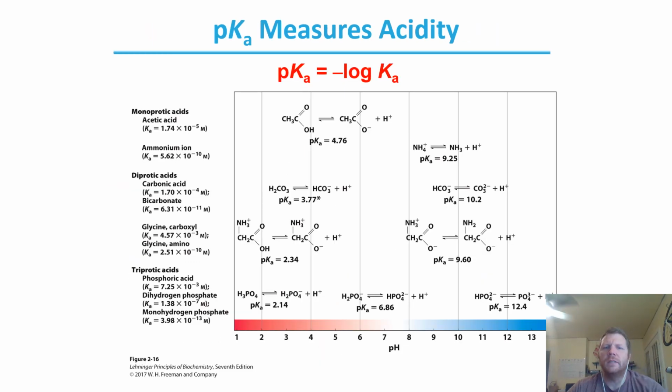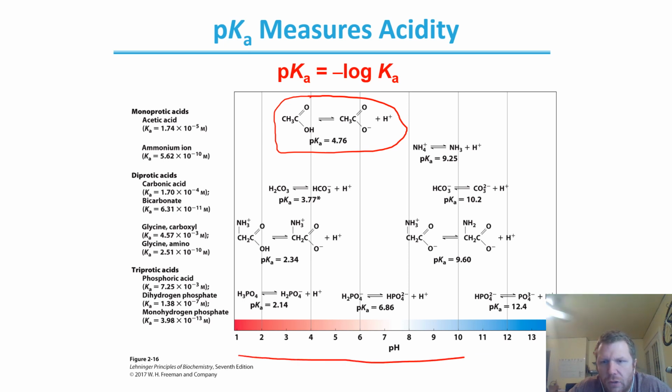Now, this display right here shows us the relationship between pKa and pH. What I'd like to do is draw your attention to this one right here. That's our acetic acid again. If you look at the bottom, we've got our pH scale, from 1 to 14.